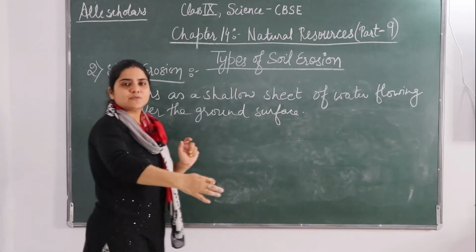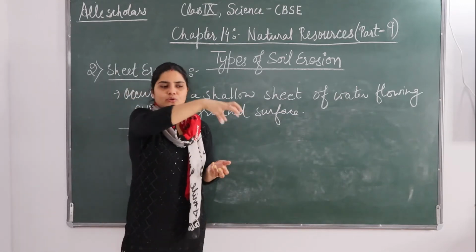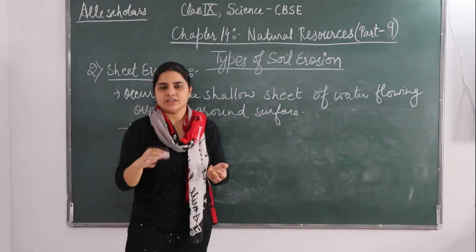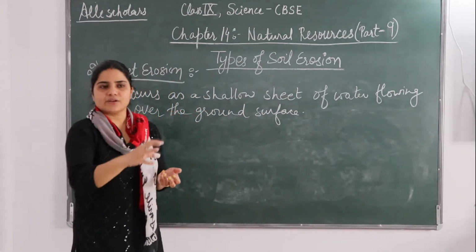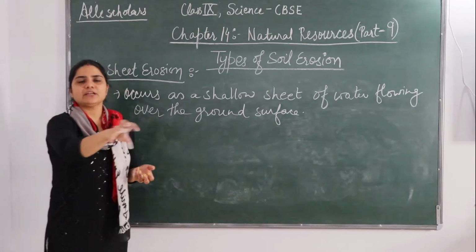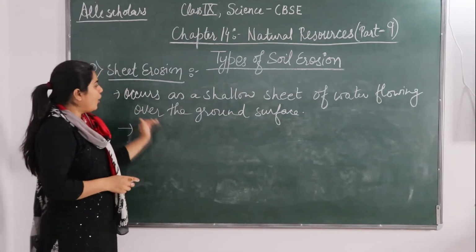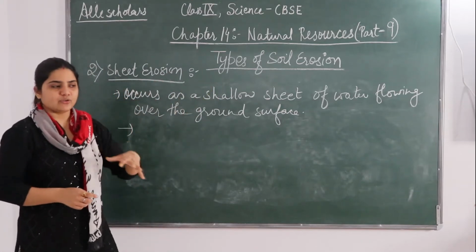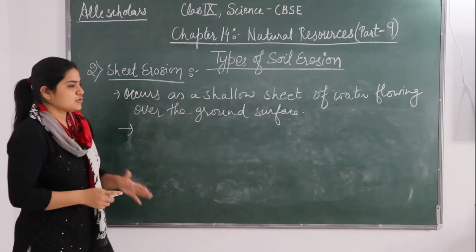When this water is flowing over, it is going to make shallow sheets at different places on the soil surface, and it will destroy the uniformity of the uniform soil surface.